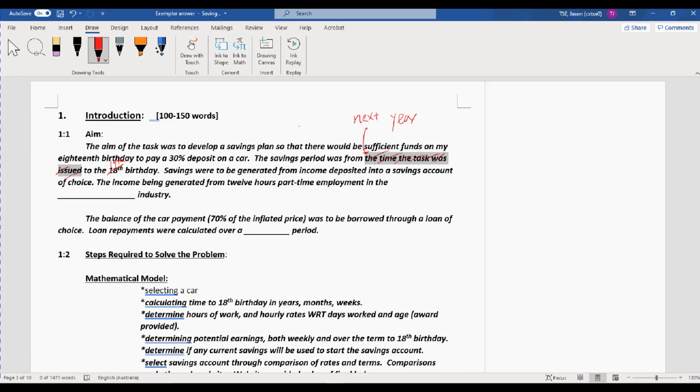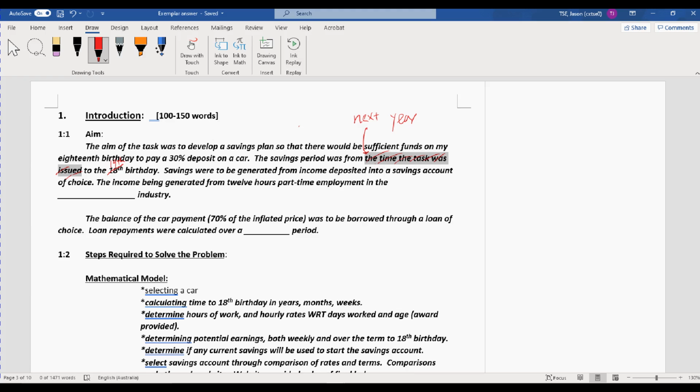Savings were to be generated from the income deposited in a saving account of choice. That's okay, but remember what we've been doing in that Excel account, and make sure every one of you has a regular deposit of $300. You might specify that a little bit. Savings were generated from the income deposit.